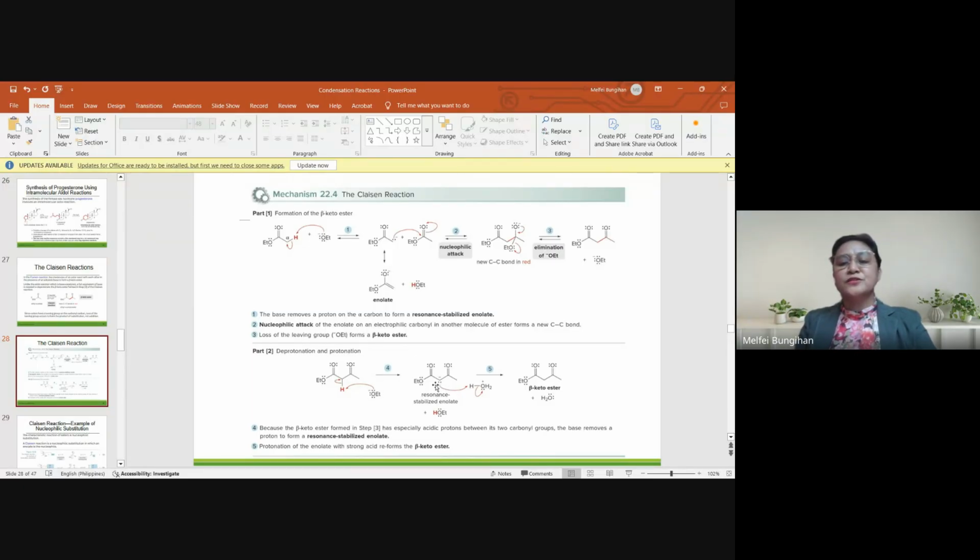Okay, this enolate then becomes protonated, okay, to form your beta keto ester. So there is stabilization of your final product via deprotonation and protonation. So in here, of course, you need strong acid to protonate your resonance stabilized enolate, and so you form your beta keto ester.